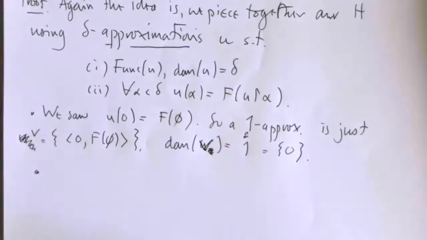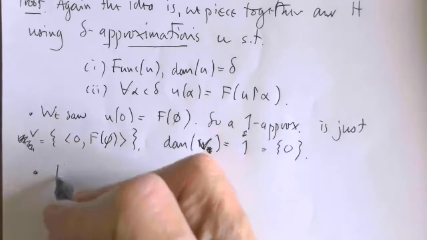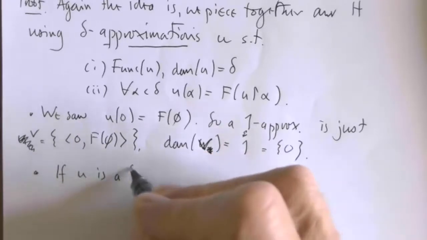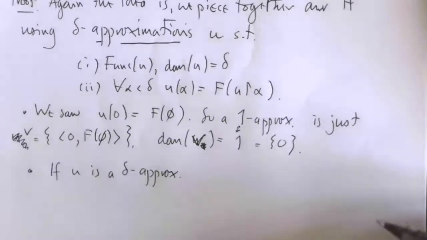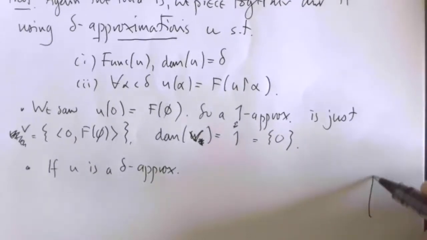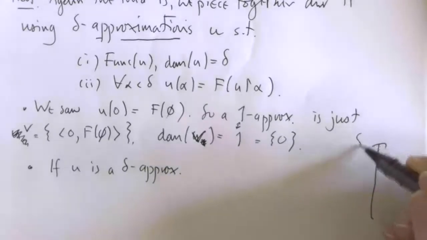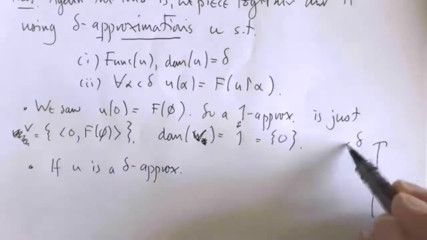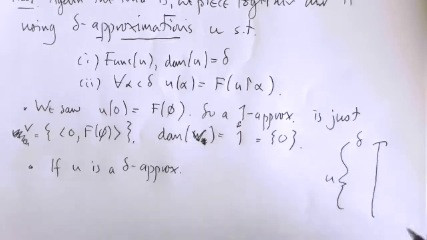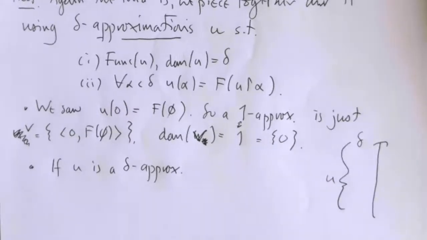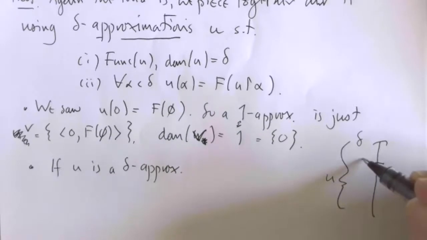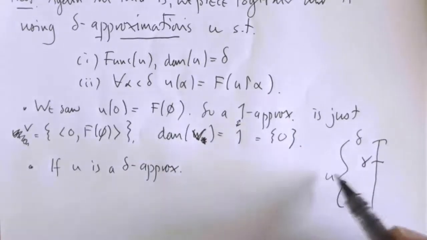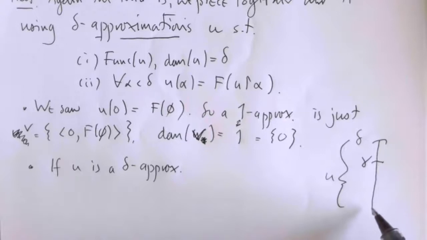Second thing here to observe. If U is a delta approximation, I think of U as, okay, so it's some kind of function up here to delta. So it's a delta sequence of sets, not ordinals necessarily. Right? But if I cut it off at some earlier stage, U restricted to gamma is a good approximation.